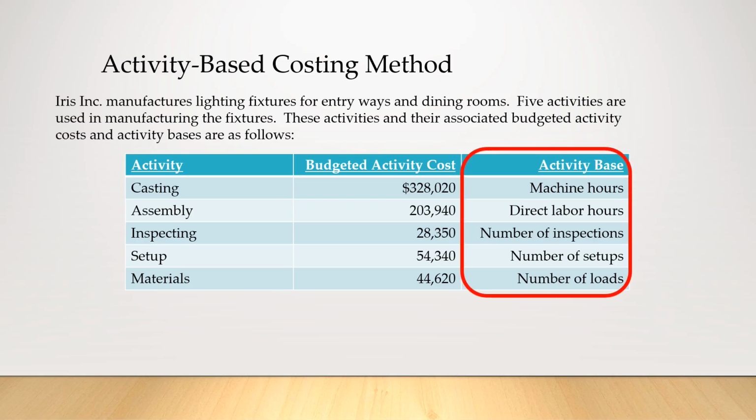In the final column, we have the activity base used to measure the activity itself. So for casting, it is measured by machine hours. Assembly is measured by direct labor hours. Inspecting is measured by number of inspections. Setup is measured by number of setups. And materials is measured by number of loads.